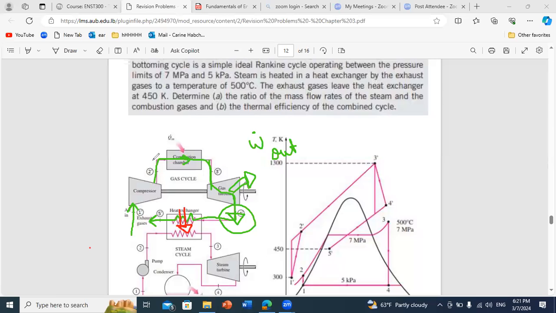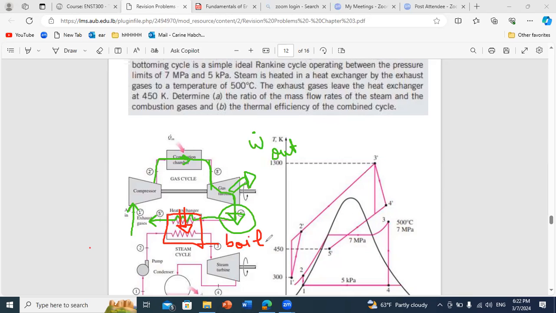And if you want, this heat exchanger will be a common part between the two cycles. It will represent the evaporator or the boiler of the steam cycle, which is the conventional Rankine.